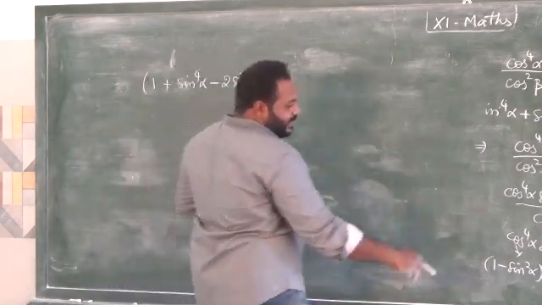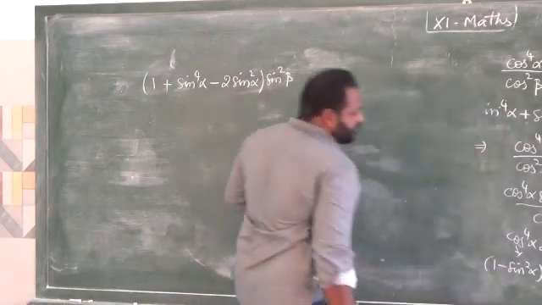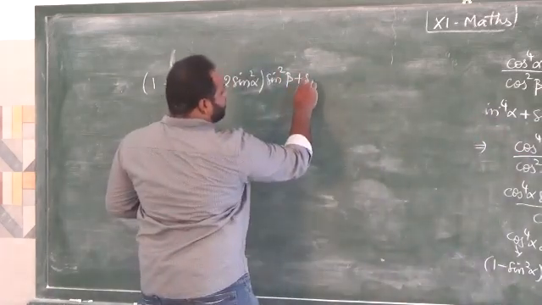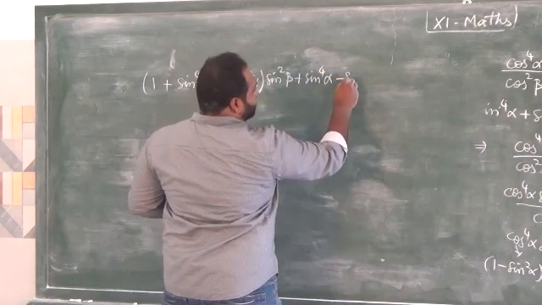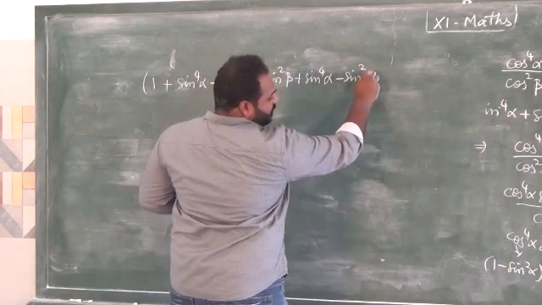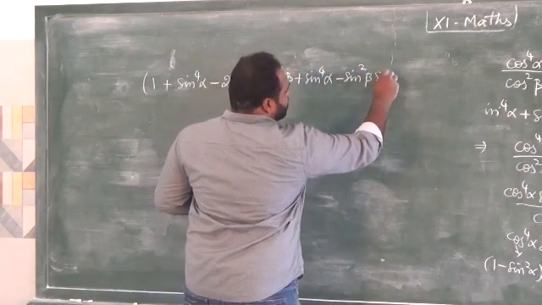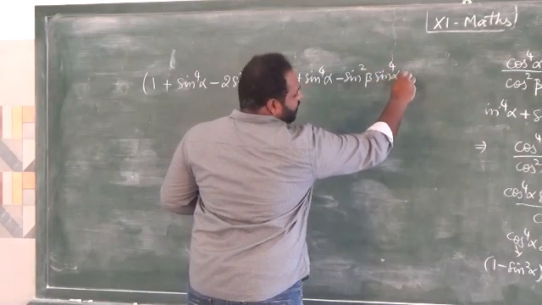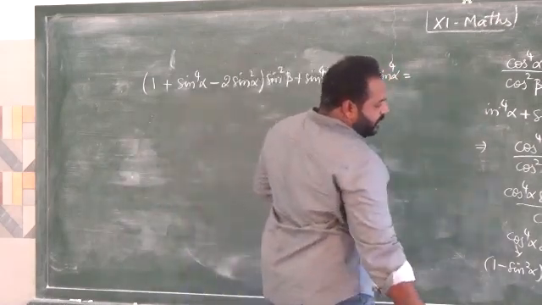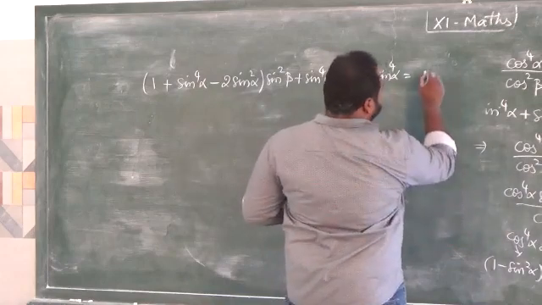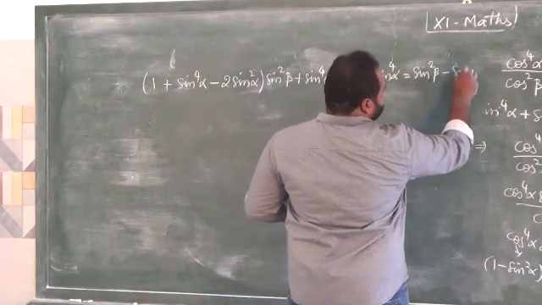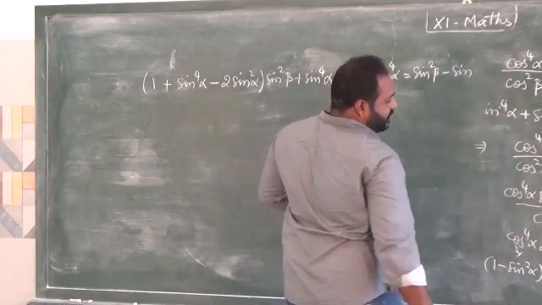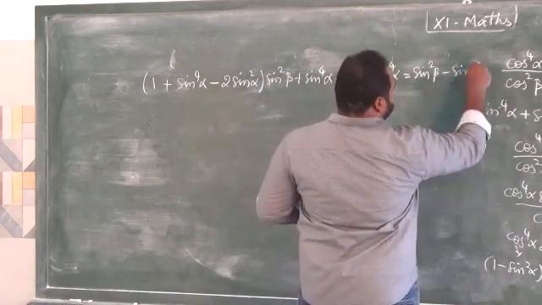Then we can directly multiply the brackets here. So it is plus sin power 4 alpha minus sin square beta sin power 4 alpha equal to, if we multiply the right hand side, sin square beta minus sin square beta into sin square beta, that is sin square beta minus sin power 4 beta.